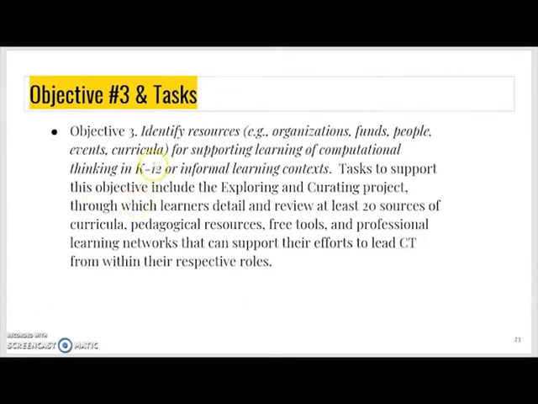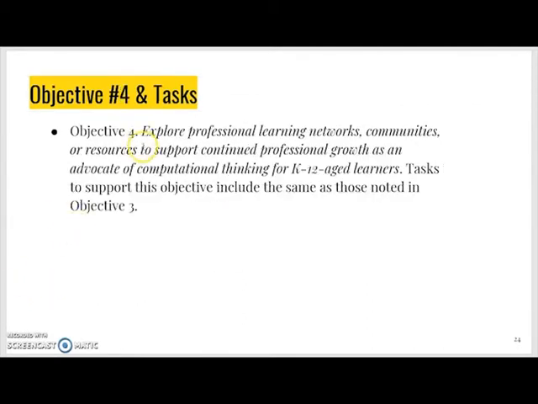Course objective 3, identify resources for supporting learning of computational thinking in K-12 or informal learning contexts. This is where they go and gather curricula, pedagogical resources, free tools, and professional learning networks to support their efforts to lead CT within their respective roles. Objective 4, explore professional learning networks, communities, or resources to support continued professional growth as an advocate of computational thinking for K-12 aged learners.